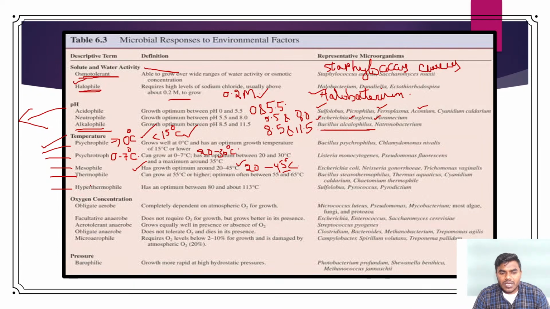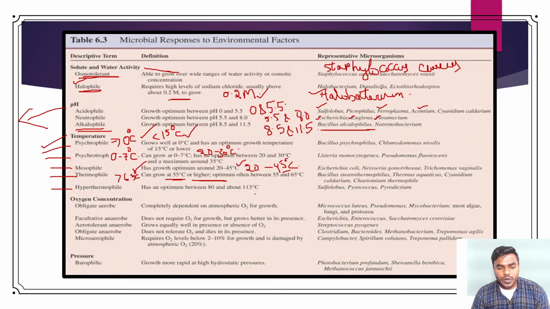And friends, thermophile, all the students keep it in your mind, thermophile can grow at 55 degrees centigrade or higher. See friends, there is a difference between the thermophile and hyperthermophile. Please don't get confused. Thermophiles, friends, can't grow above 65 degrees centigrade.